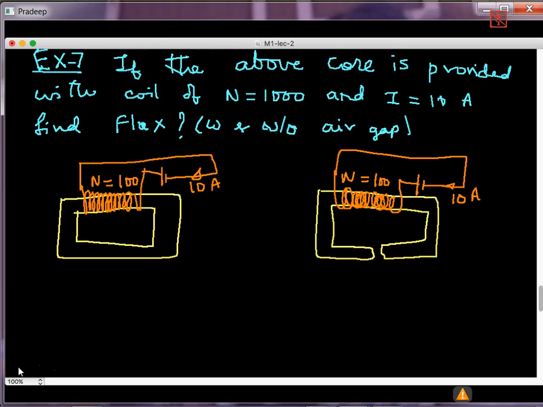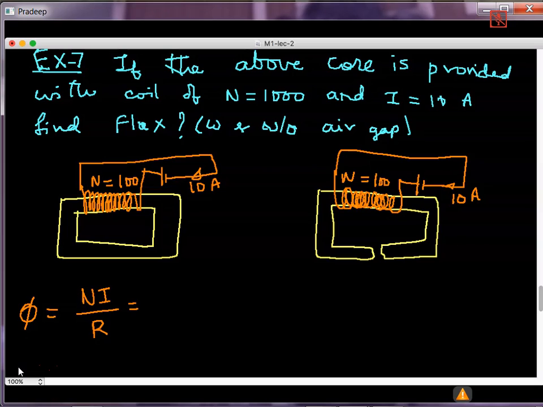So what is the formula of flux? Can you try? The flux is nothing but simple Ohm's law, ampere turns divided by reluctance. So can you find the flux in both cases? So I'll wait for your answer.